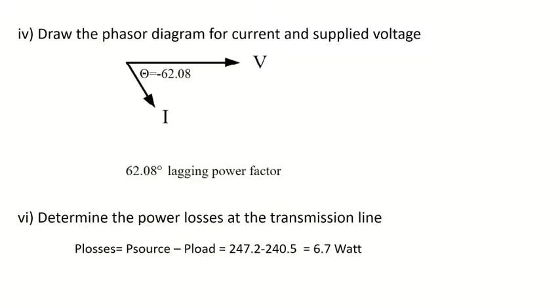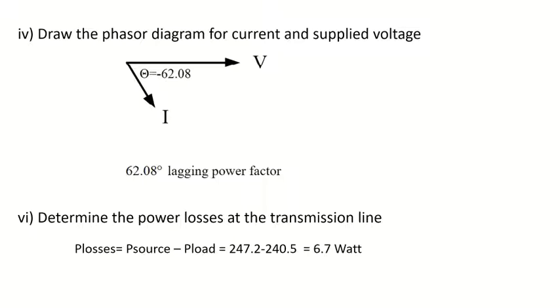You can see the angle of the I is minus, which means you have the lagging power factor with the degree of 62.08 degree. So the I lags the voltage by 62.08 degree.